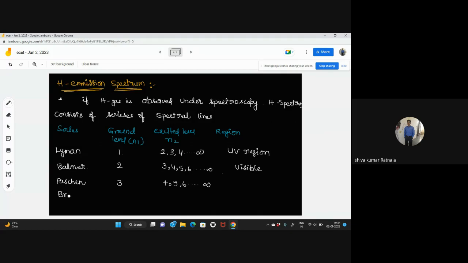Next, Brackett, where N1 is 4 and N2 is 5, 6, 7 up to infinite. Next, the Pfund series. These are all scientists who discovered them. Paschen, Brackett and Pfund are observed in the infrared region.